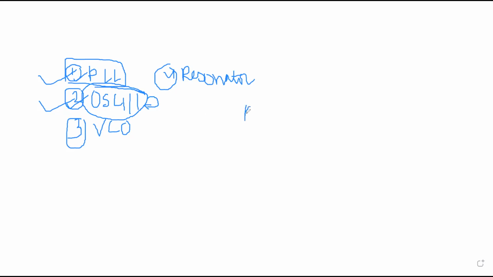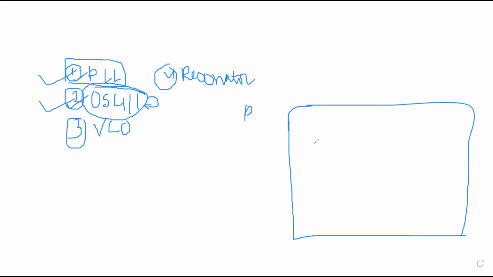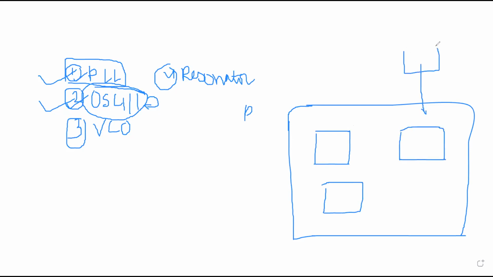Let's suppose this is my design and it has 3 modules. The clock comes in through an oscillator, and from the oscillator it goes to the PLL, and the PLL generates the clock for the different modules, correct?